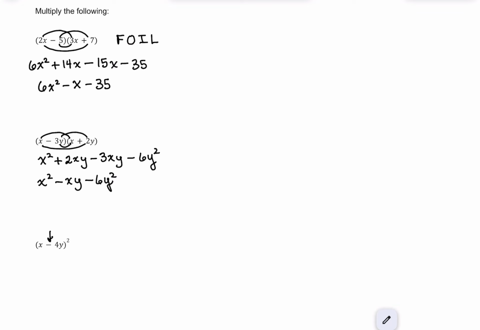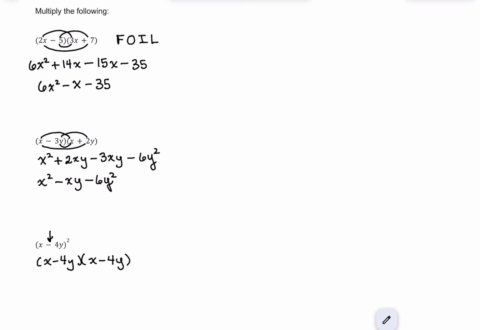So I cannot give each of the expressions in the parentheses the exponent of 2. We need to actually write it out as that x minus 4y times itself, which is what that square represents. And then we see that we really have a binomial times another binomial in this example.